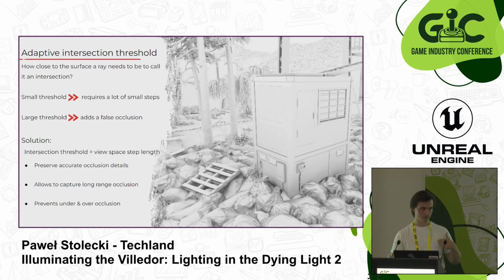The threshold cannot be constant either, because if it's too small, we will simply miss the desired occlusion, and if it's too large, we will return a false, fake occlusion, which is undesired. And the solution to that problem is to use the ray step length as a threshold.